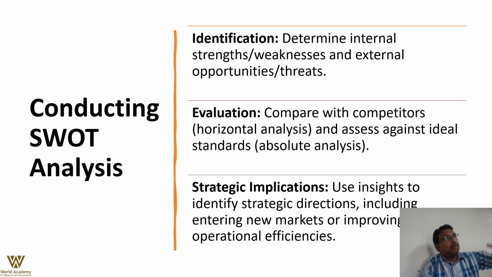When you are talking about standards, you are talking about absolute analysis, the standard, the benchmark, where you are standing. But when you compare it with your competitors, how good your position is, you need to understand those things. This is what evaluation is all about. Then we talk about the strategic implication: use insights to identify strategic direction, including entering new markets or improving operational efficiencies, as the case may be.